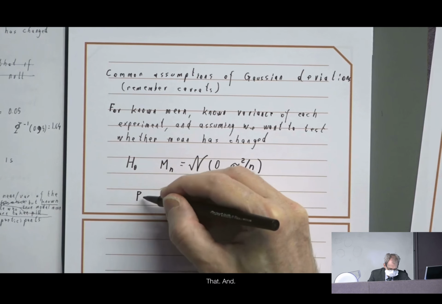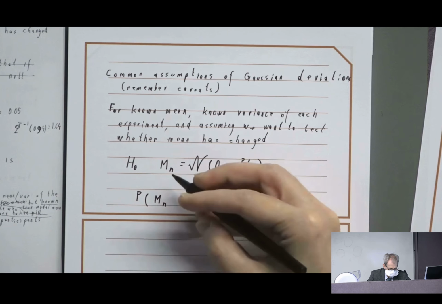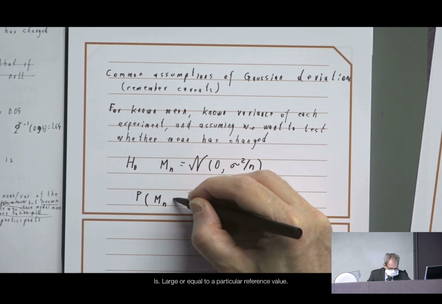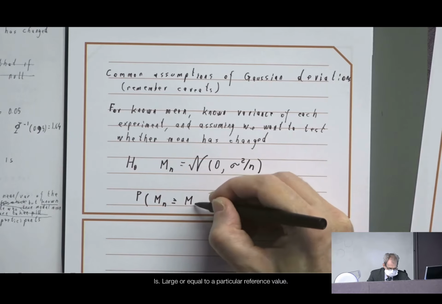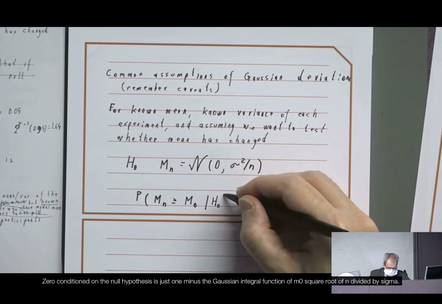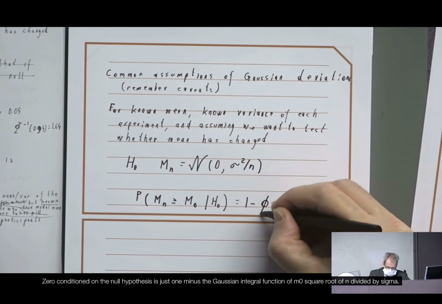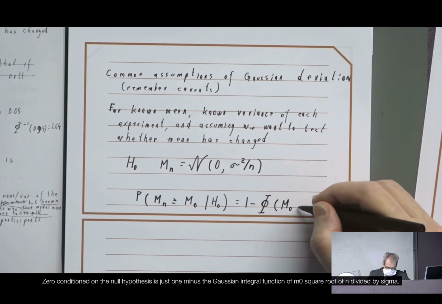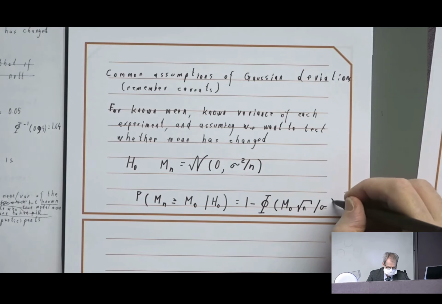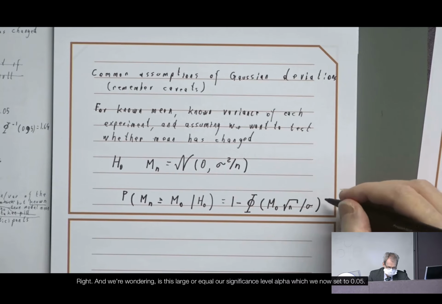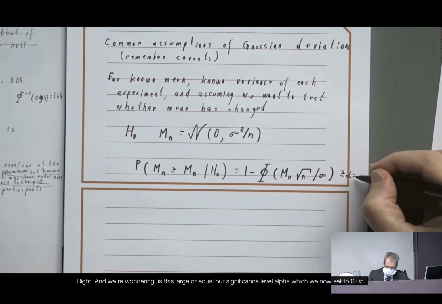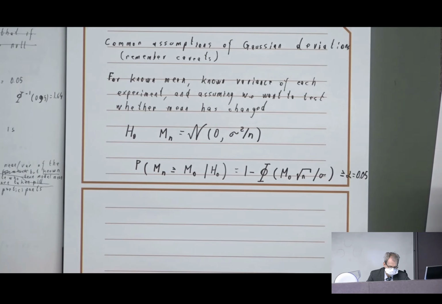that Mn is larger or equal than a particular reference value m0 conditioned on the null hypothesis is just 1 minus the Gaussian integral function of m0 square root of n divided by sigma. And we're wondering, is this larger or equal our significance level alpha, which we now set to 0.05.